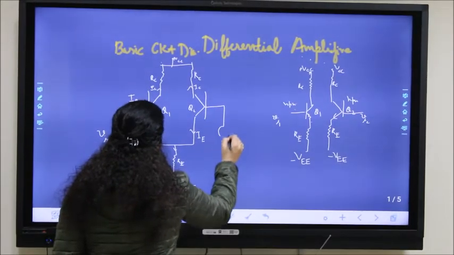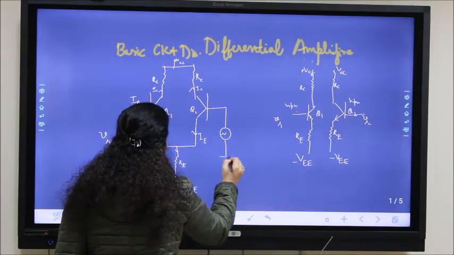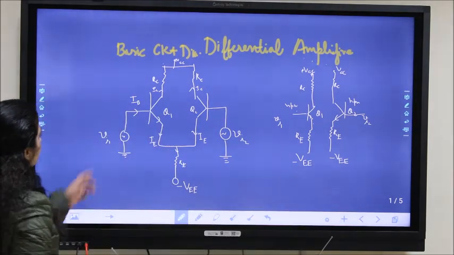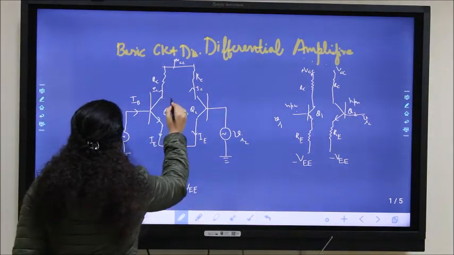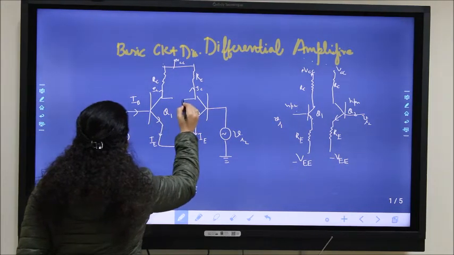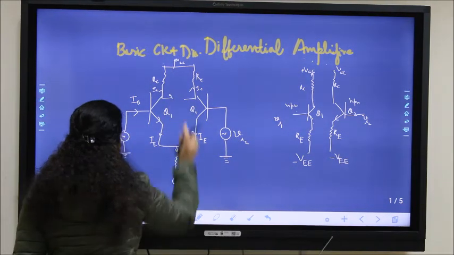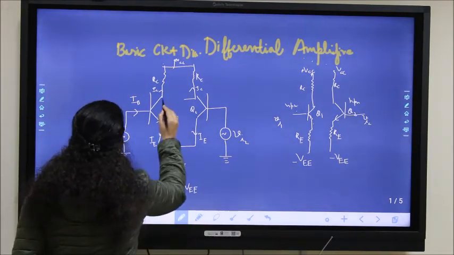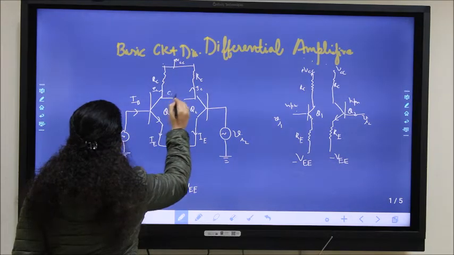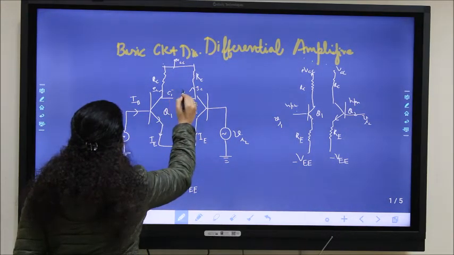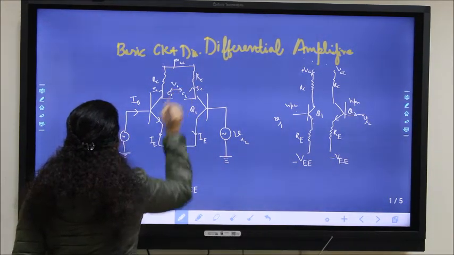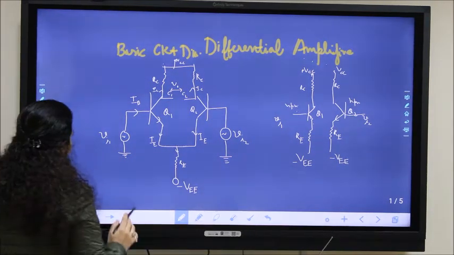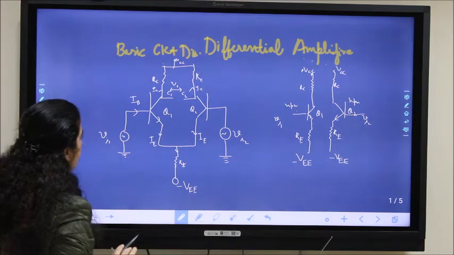This VI2 is the second input of the differential amplifier, and the output is taken between these two collectors, C1 and C2. V0 is the output of the differential amplifier. Is it clear? This is the basic circuit diagram of a differential amplifier.